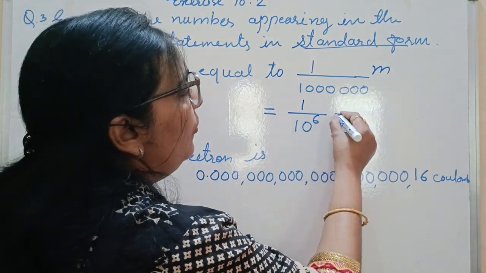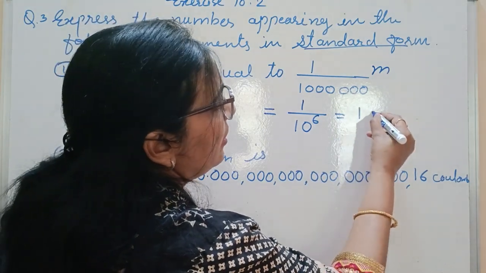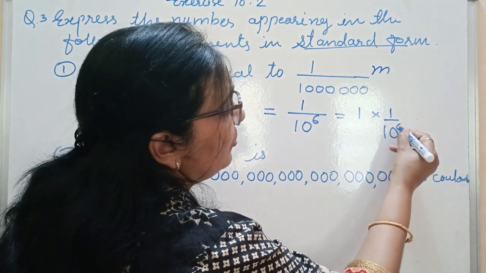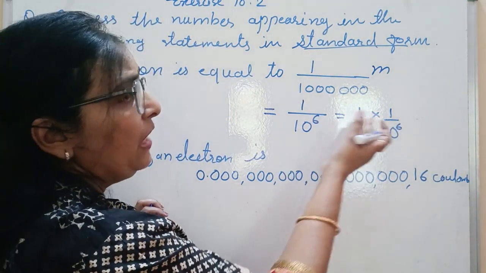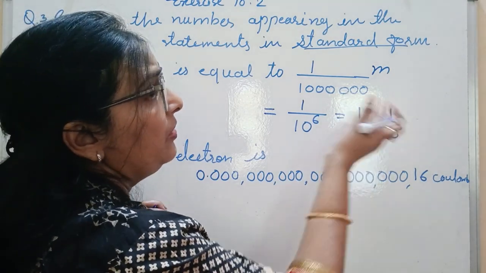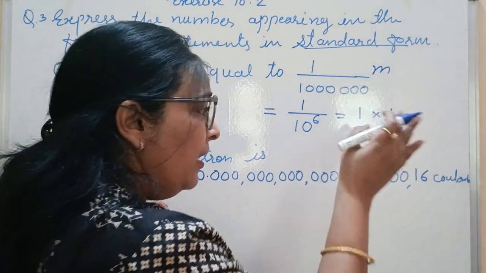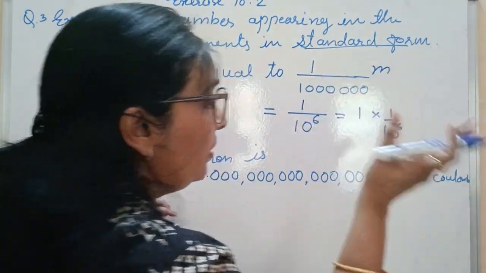Now I am writing this number in the form of 1 into 1 by 10 raised to 6. Why did I write this? Because the value is not changing. 1 into 1 by 10 raised to the power 6 means 1 by 10 raised to the power 6 only. Now this 10 raised to the power 6 we are taking in the numerator.